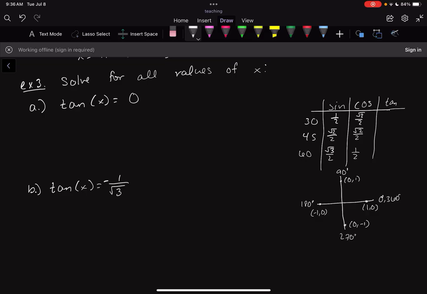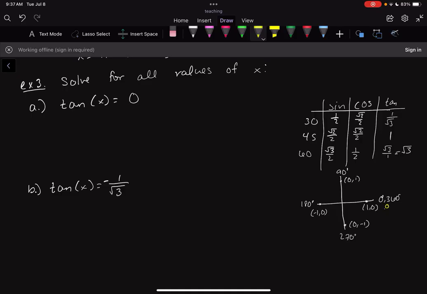So remember it's sine over cosine. So here it'd be 1 over root 3. Root 2 over 2 would just be 1. And then root 3 over 1 would be root 3. On the unit circle version, remember that tangent is sine over cosine.